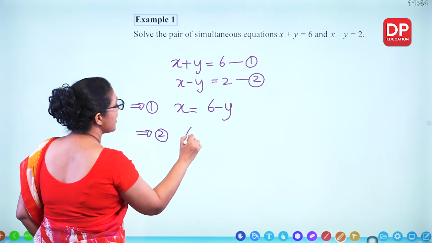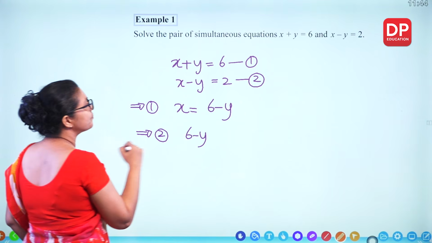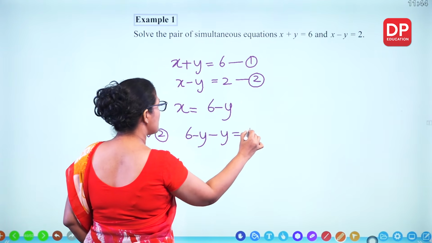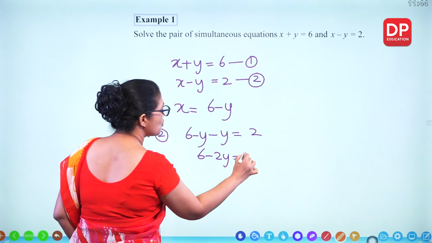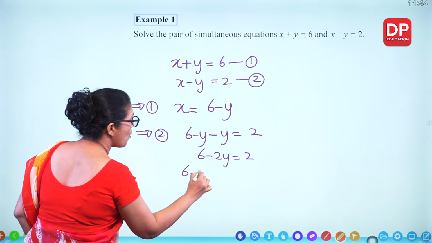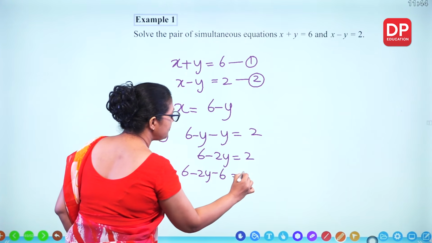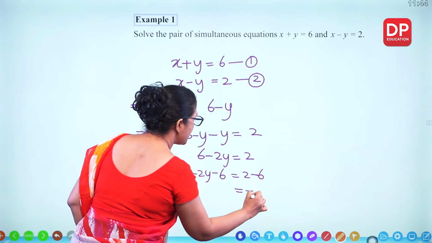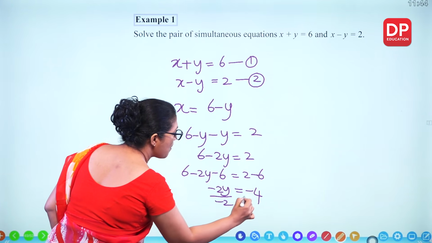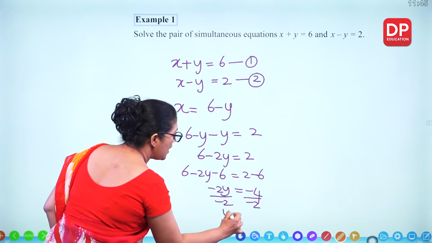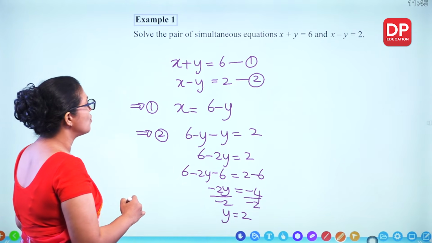Instead of x, I can write 6 minus y, minus y equals 2. So here you get 6 minus 2y equals 2. Subtract 6 from both sides. Minus 4 equals minus 2y. Divide by minus 2. y equals 2.